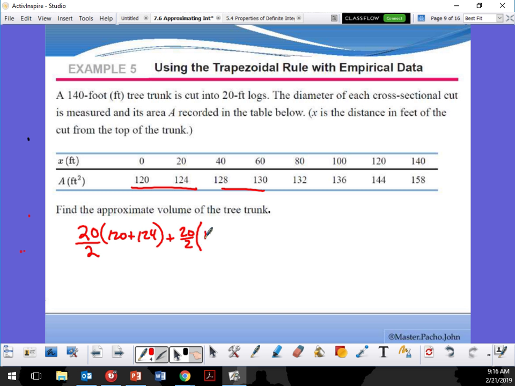All right. So 124 plus 128. Plus 20 over 2, plus 130. There we go. And so on. Are all of these going to be uniform?